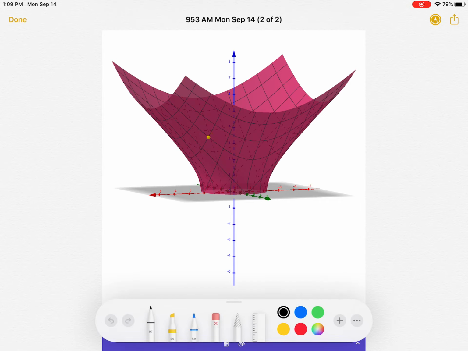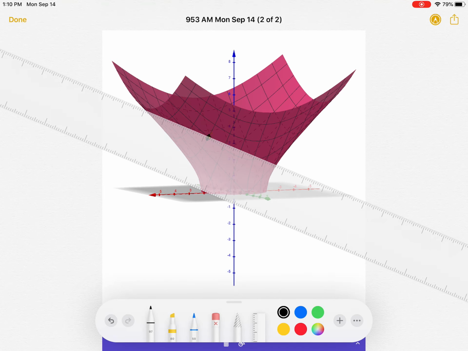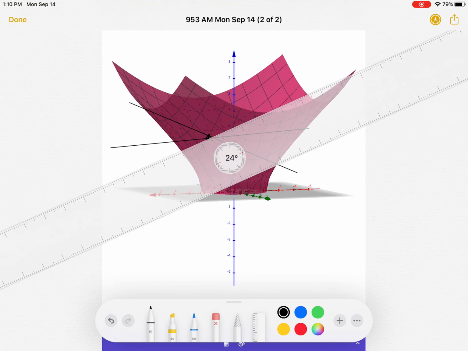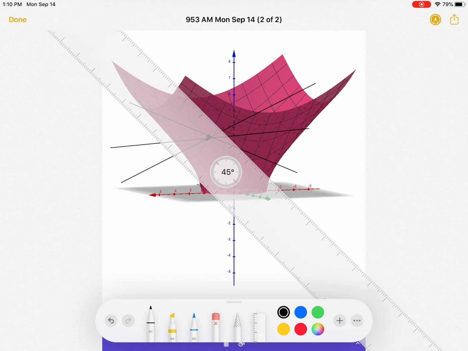All right, here we are. We're going to come back to this point that we've been looking at. Let's say I want to graph the tangent line at that point. Well, that was convenient. So there's a tangent line. There's another tangent line. There's another one.